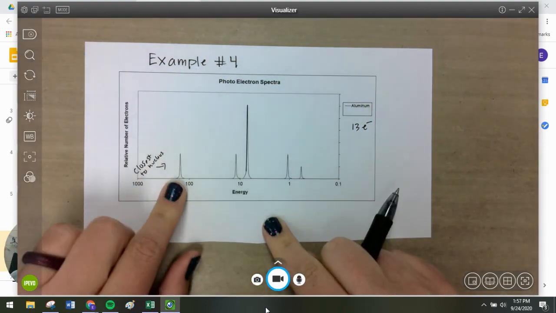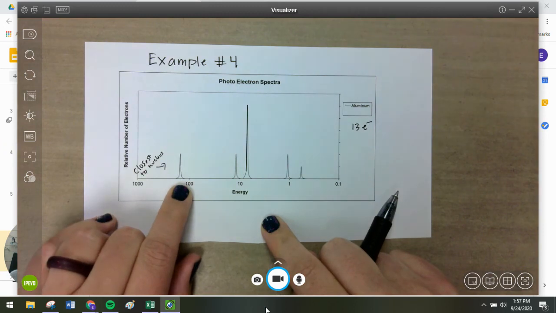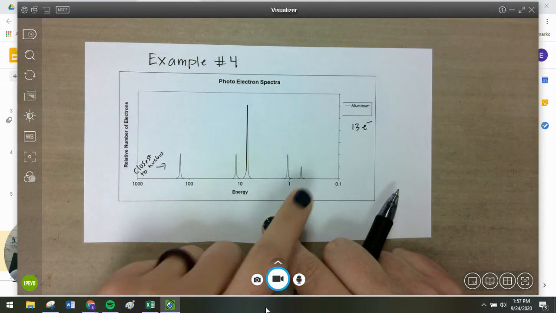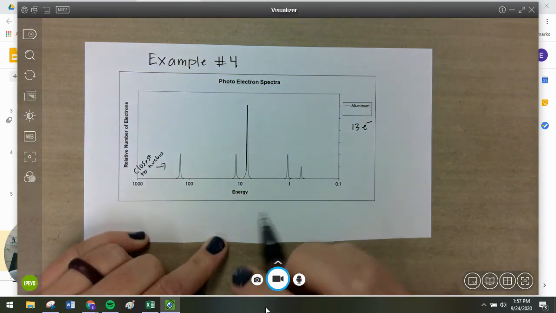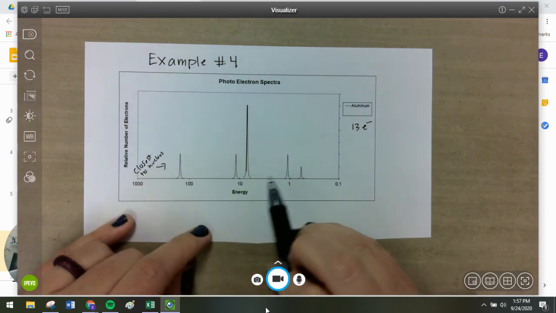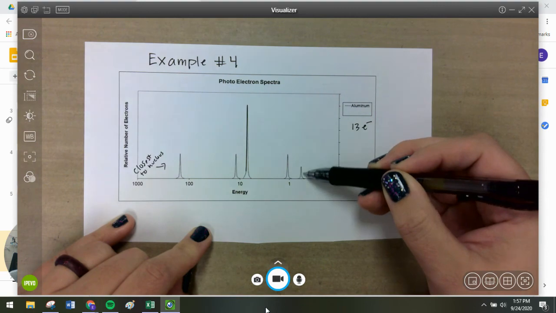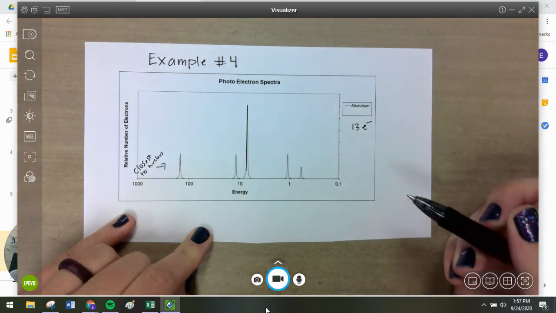Okay, so that's the closest shell or subshell to the nucleus. In this case, we have 1, 2, 3, 4, 5 subshells. So aluminum must be a pretty big element here. And if we look at our peaks here, these 3 are all the same. This one on the very end is a small little peak. And then this huge peak here is 3 times the size, okay?